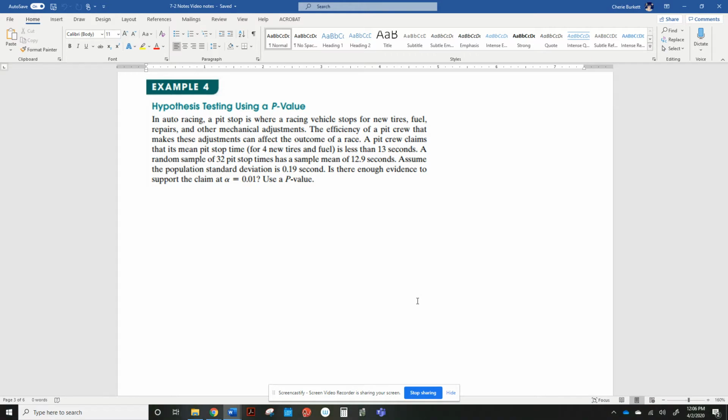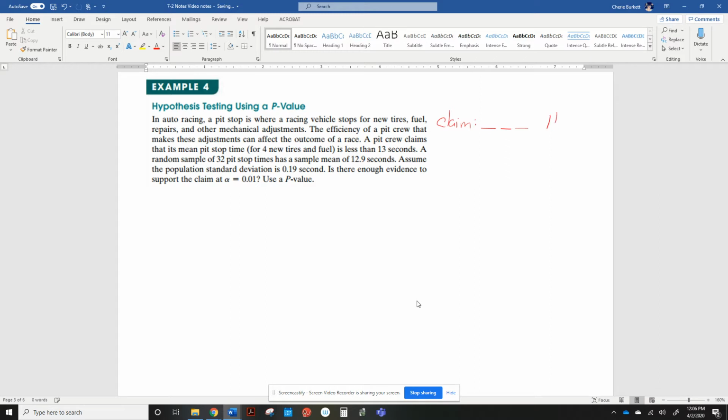All right, so what you should know how to do is, first of all, state the claim. We need a symbol, a math symbol (less than, greater than, or equal to), and a number.